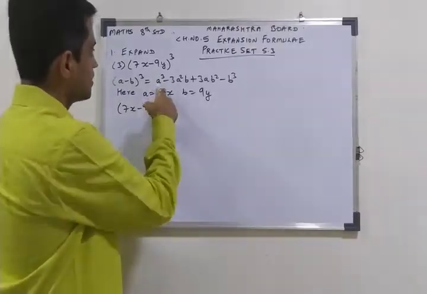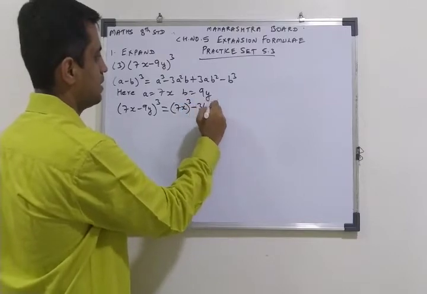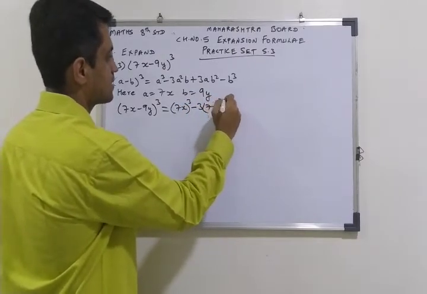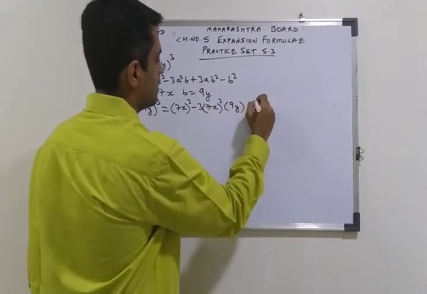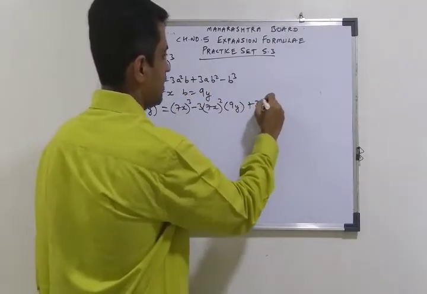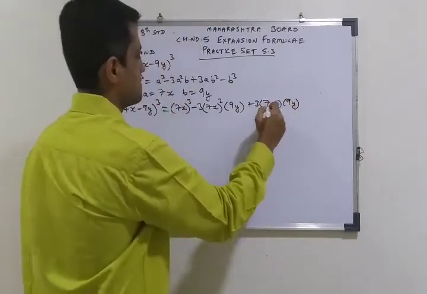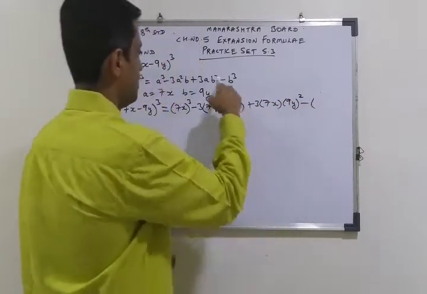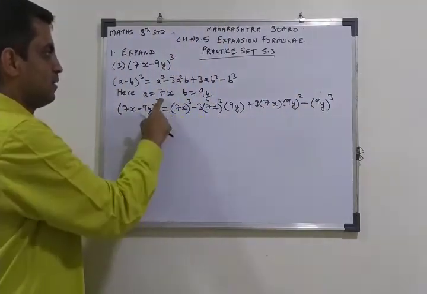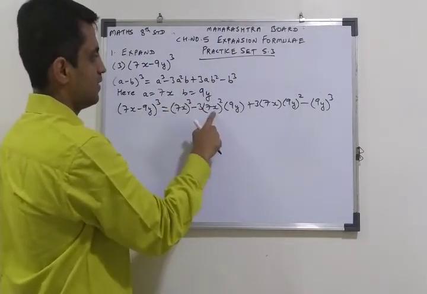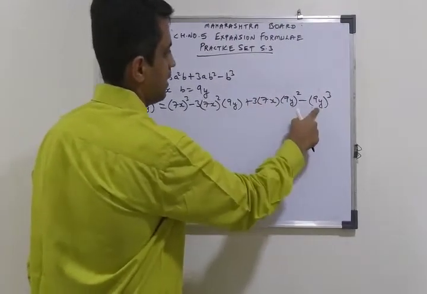Now instead of a we will write 7x the whole cube, minus 3, instead of a 7x square, and instead of b 9y, plus 3, instead of a 7x, instead of b 9y square, minus, instead of b we will write 9y cube. So we have substituted the values.